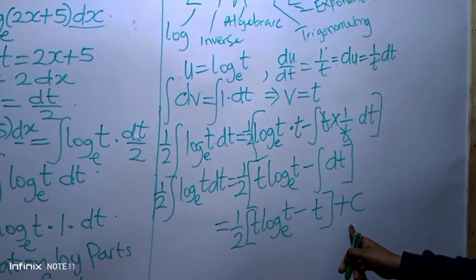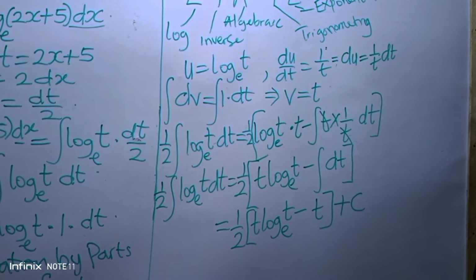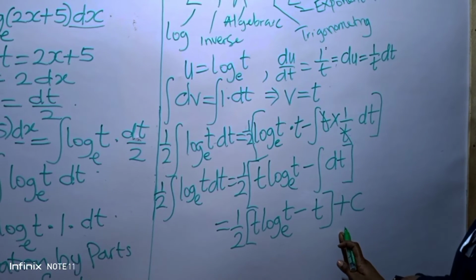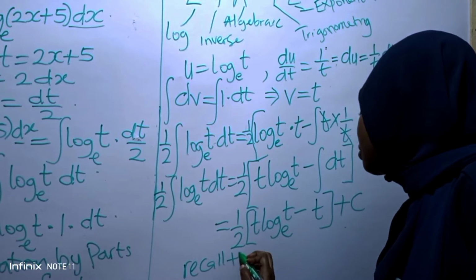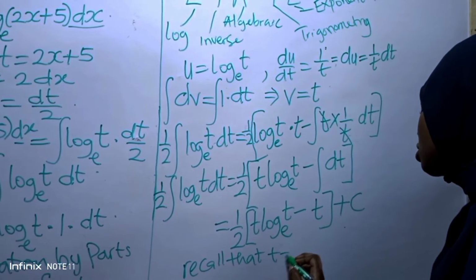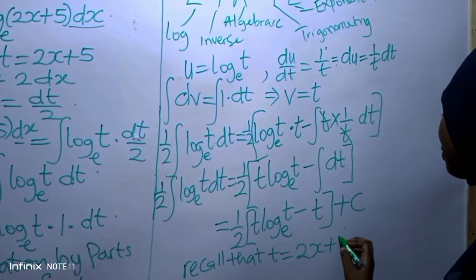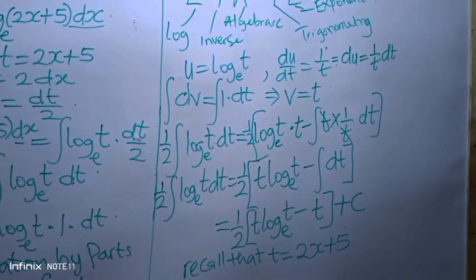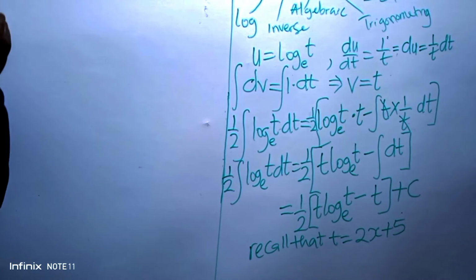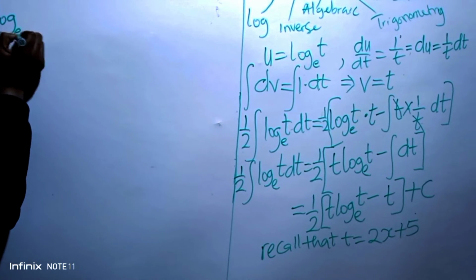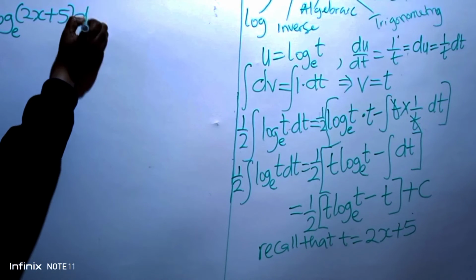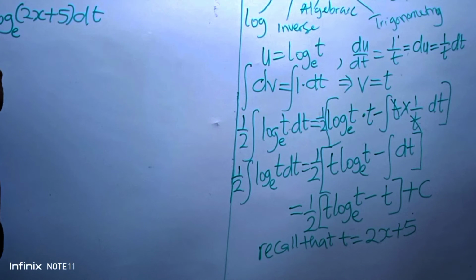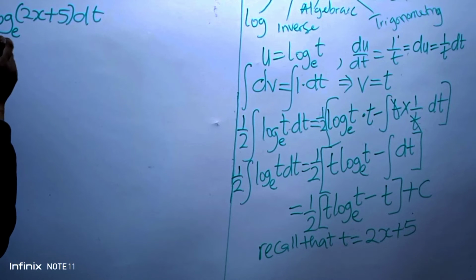The next thing is to recall the value of t and substitute it into this equation. Recall that t is equal to 2x + 5. So the integral of log(2x + 5) dx is now equal to 1 over 2 into brackets.